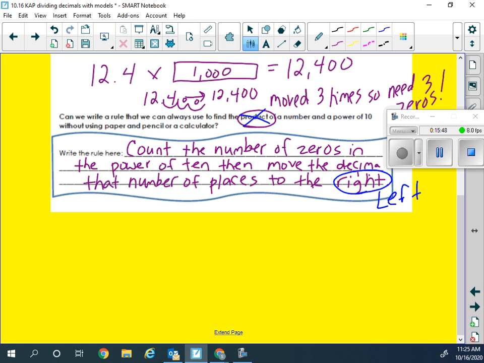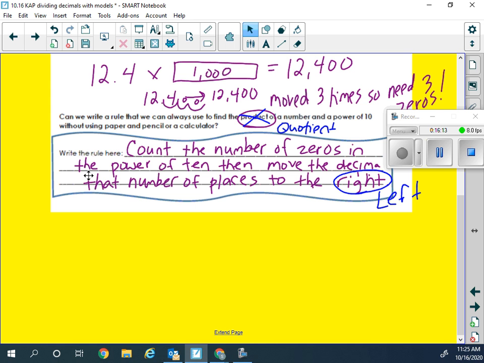Instead of product, it would have been quotient. If the question had said, write a rule to find the quotient of a number and a power of 10, then we would say count the number of zeros in the power of 10, and move the decimal that number of places to the left when we're dividing. You don't have to put that if you don't want to, I just wanted to.